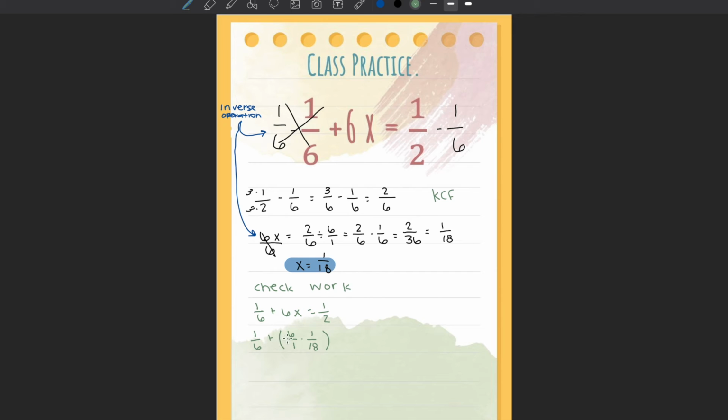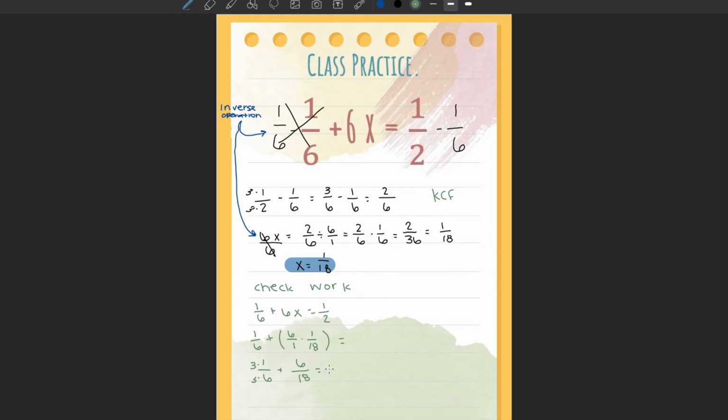So now we need to multiply first. 6 times 1 gives me 6, and 1 times 18 gives me 18. And we had the first part of our expression, which was 1/6. Since we're adding fractions, we need to get the denominators the same. I know that 6 times 3 will equal 18, so we need to multiply the denominator and the numerator by 3.